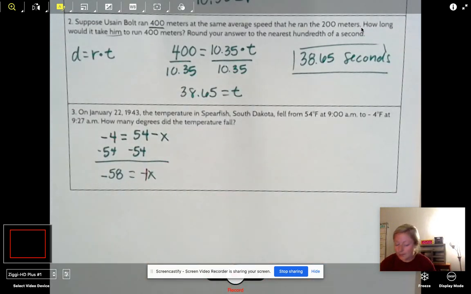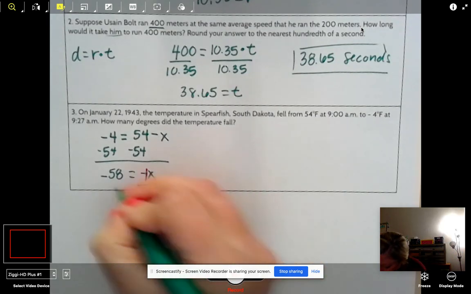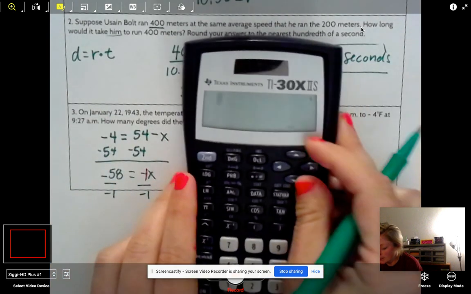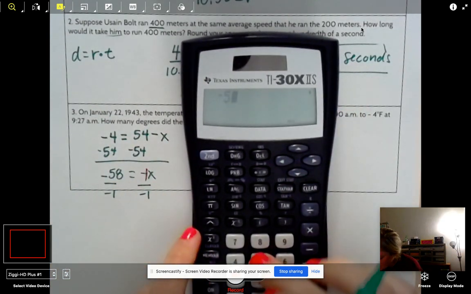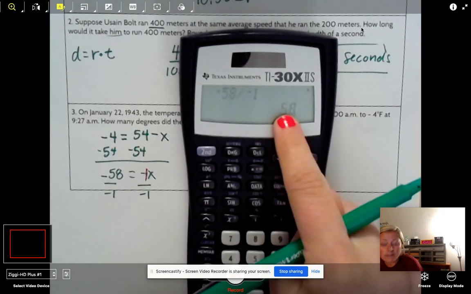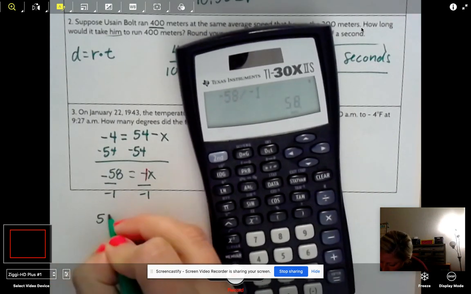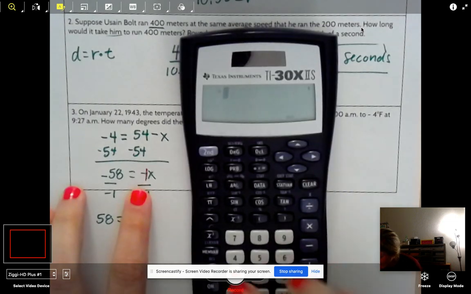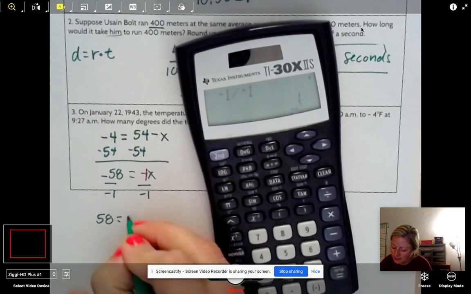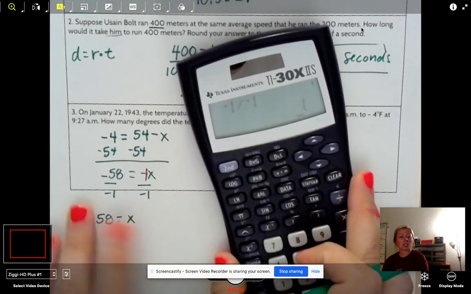So I can divide both sides by -1. If you type in your calculator, -58 divided by -1, I get 58. And then -1 divided by -1, I get a +1. So really this is just positive x. It just changes your signs.